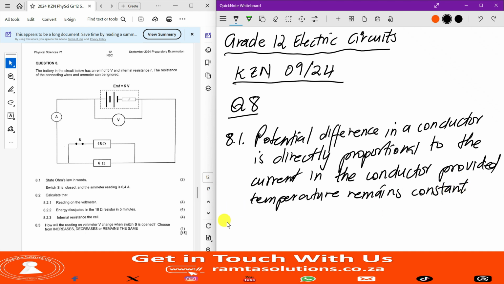Right? Good. Now, switch S is closed and the ammeter reading is 0.4.